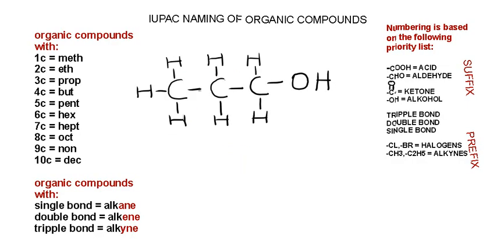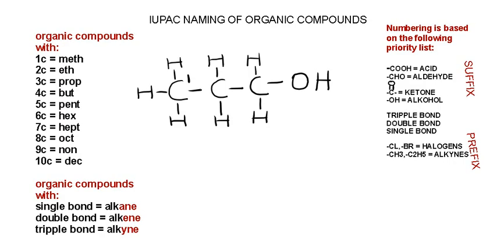Let us start by numbering it in forward direction. We have 1, 2, 3. Then in backward direction, we have 1, 2, 3. Since we have identified 3 carbon, it is called prop. We write P-R-O-P, prop.